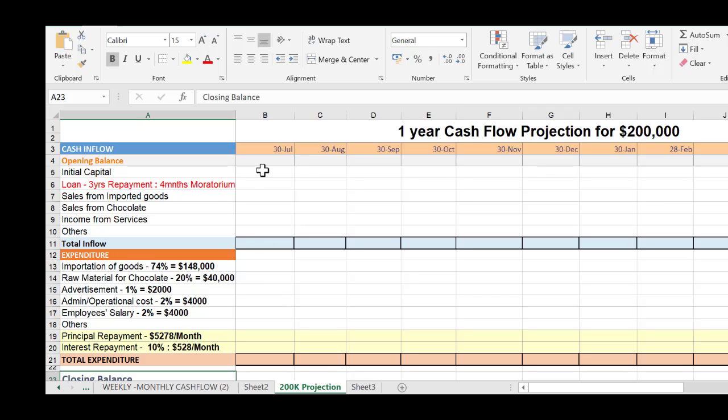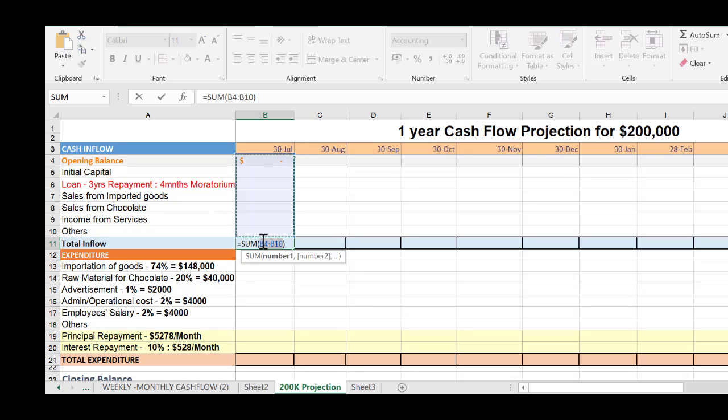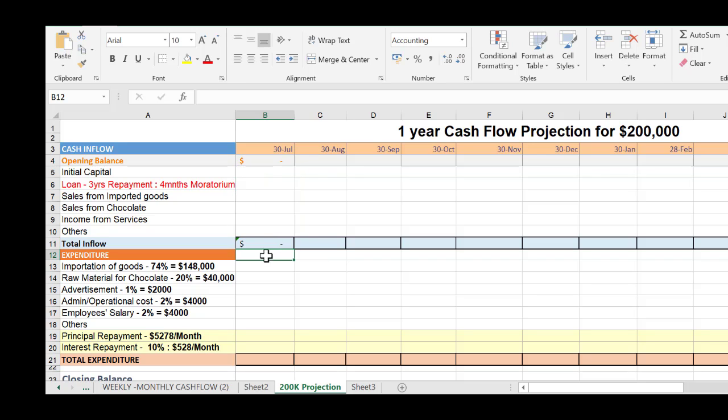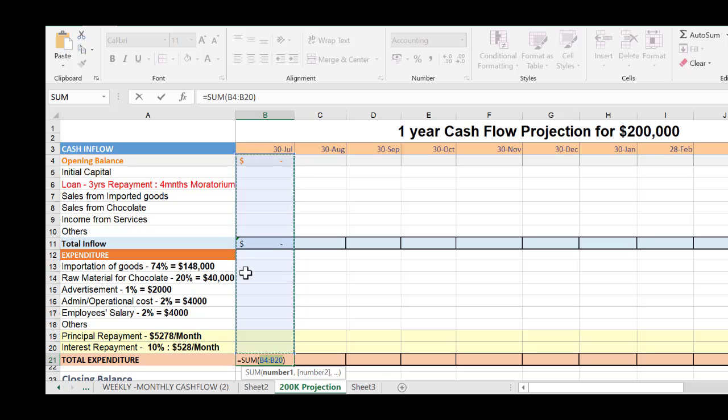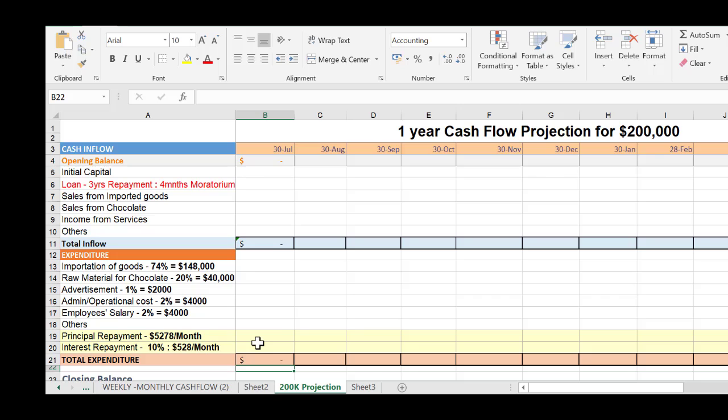So our initial balance is usually zero, and we sum here all inflow, total inflow, which is going to be my initial capital to others. I'm going to sum it. Then my total expenditure, which is going to be from importation down to interest repayment.